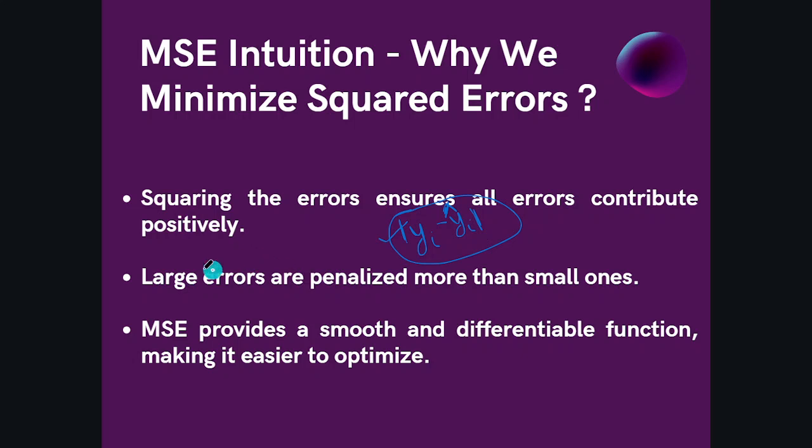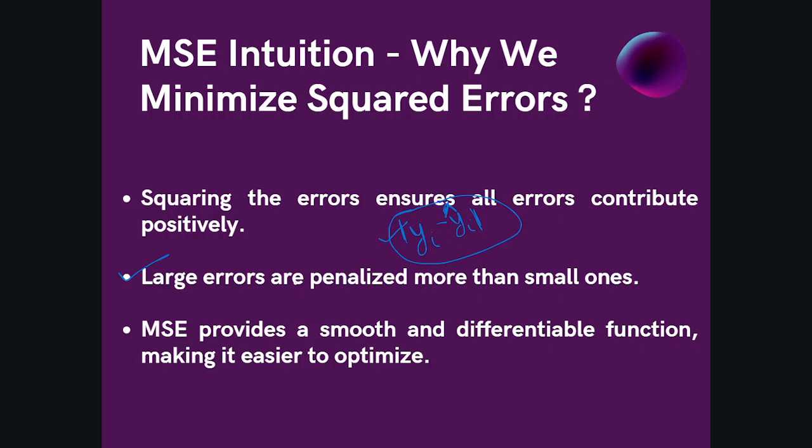The answer to this particular question is in this point. Large errors are penalized more than small errors. What do you mean by large errors? Large error means the actual data point is very far from the best fit line. Now, if we want to optimize the model, then we have to minimize this error, and for that we have to minimize the large errors more than the small ones.